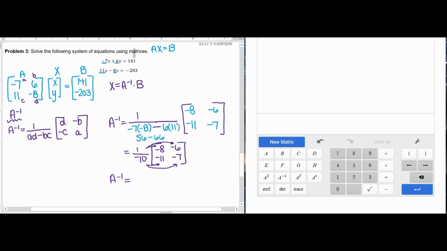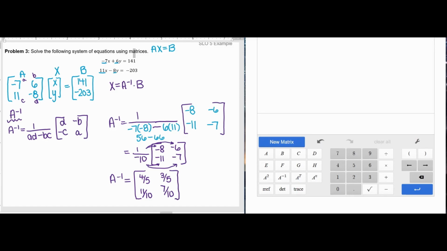And in doing that, distributing and reducing, the -8 all over -10 becomes 4/5. The -6 all over -10 becomes 3/5. Then we have a positive 11 over 10 and a positive 7 over 10.